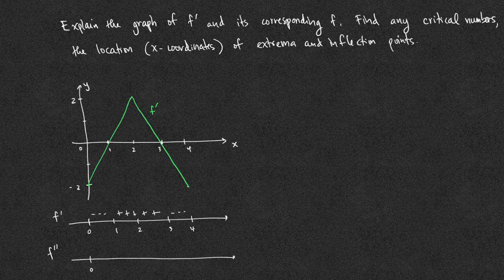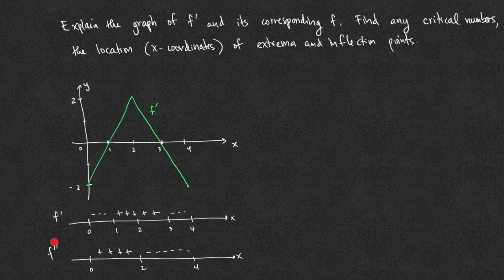For f double prime, we see that f prime is increasing from 0 to 2. It is climbing up on the interval 0 to 2, so f double prime is positive. F prime is decreasing from 2 to 4, so f double prime is negative from 2 to 4.